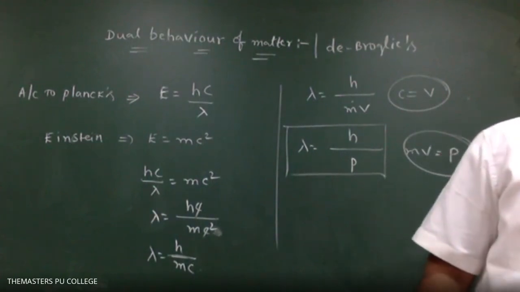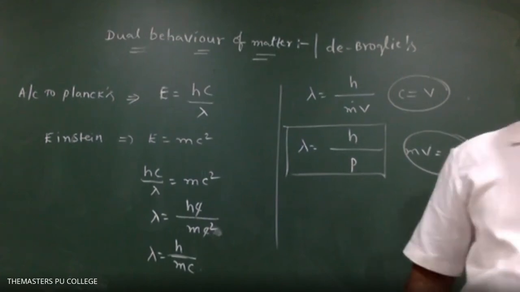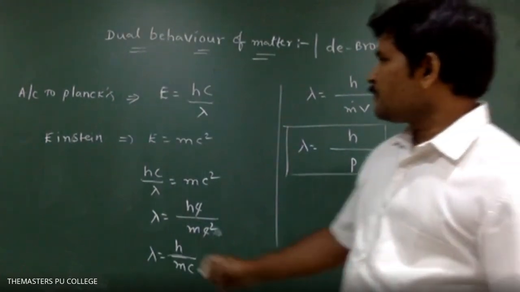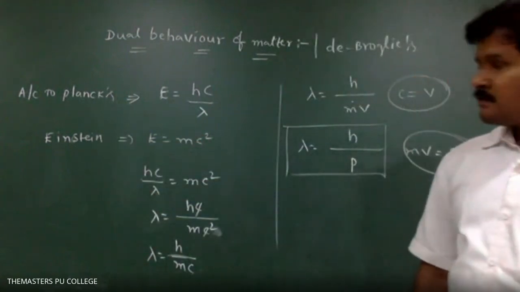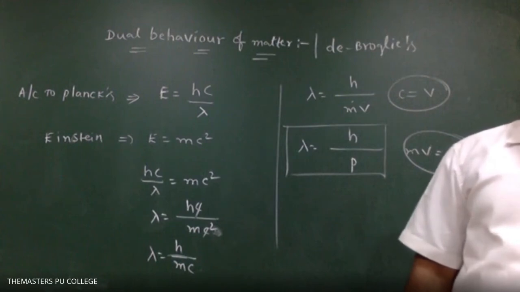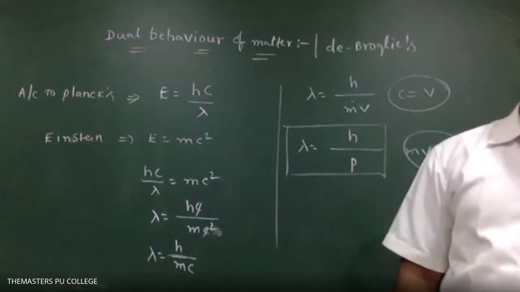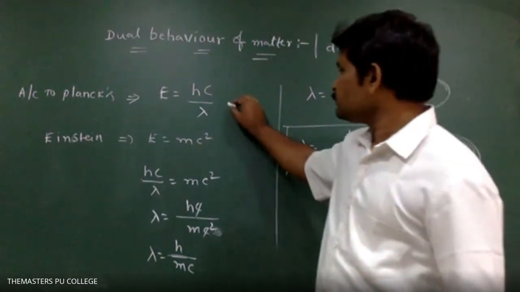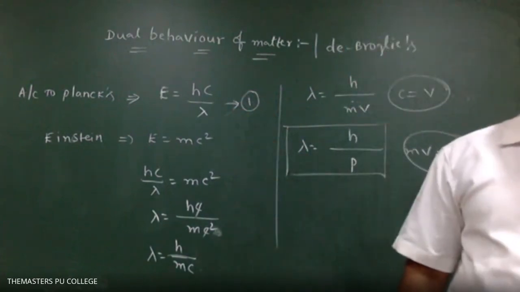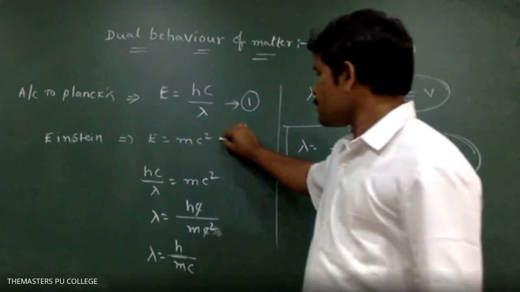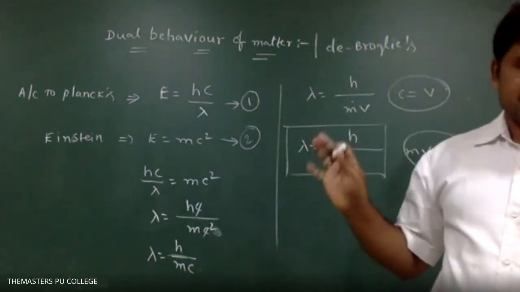According to Planck's quantum theory, the energy of a photon is E is equal to h c by lambda.